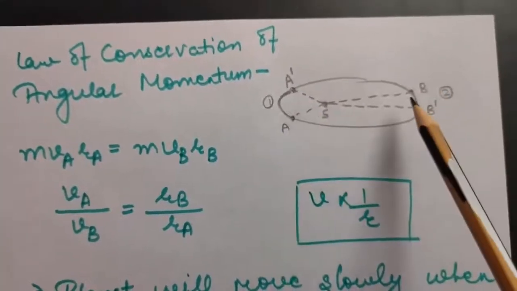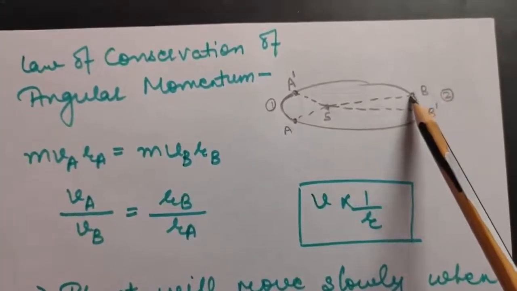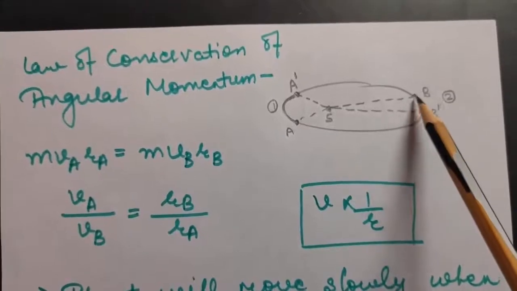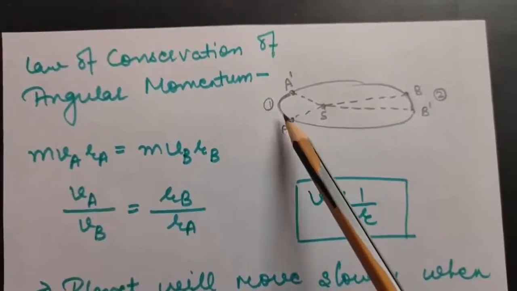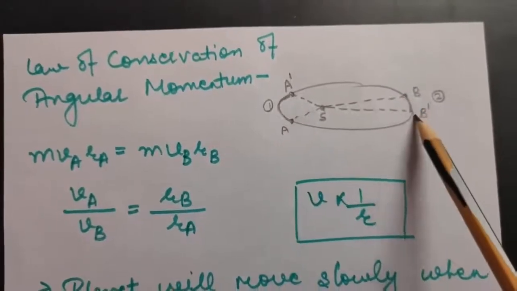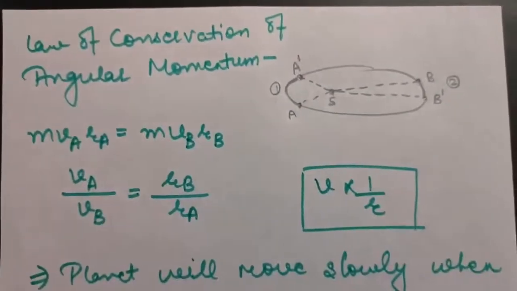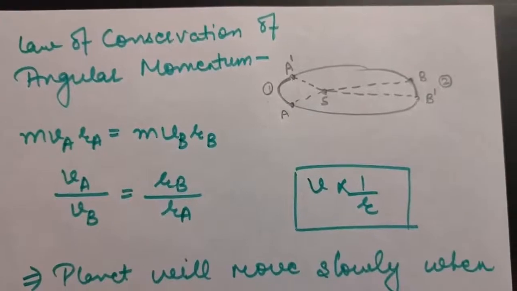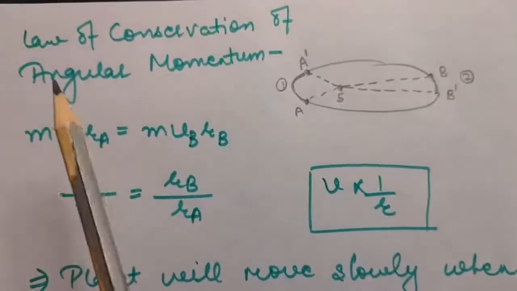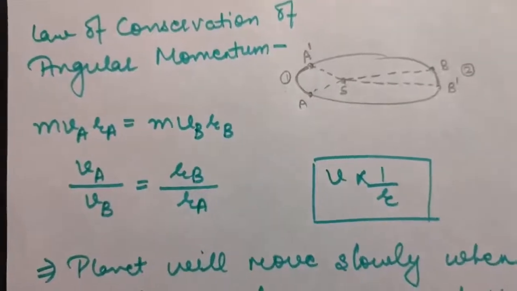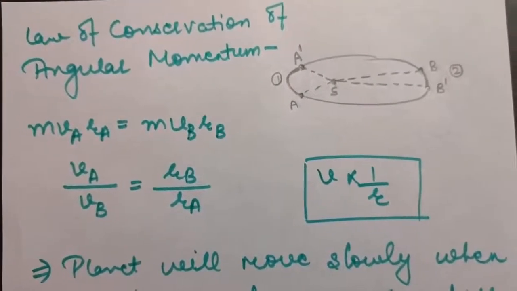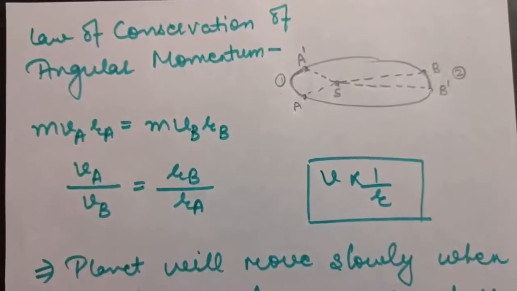The same planet at another instant is at B, and after time T it reaches B dash. That is, from A to A dash and from B to B dash, the planet takes the same time, T. Now as you know the law of conservation of angular momentum, always remember the second law is based on the law of conservation of angular momentum.